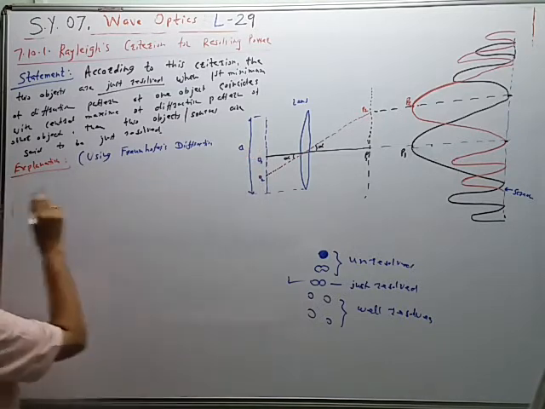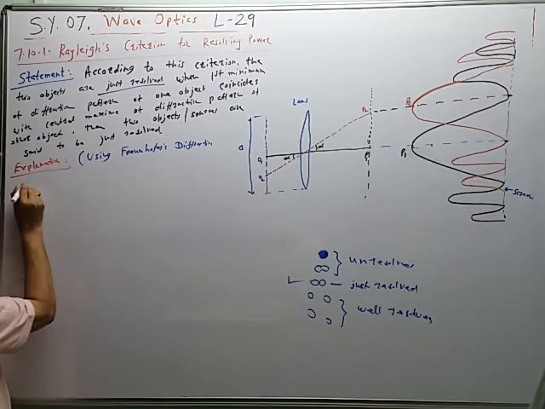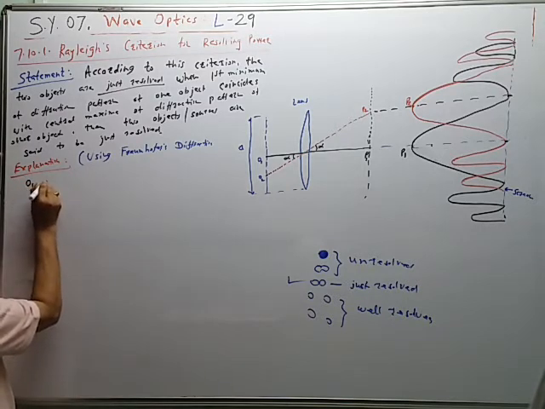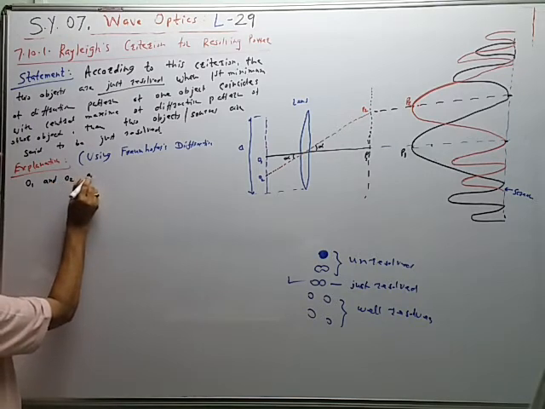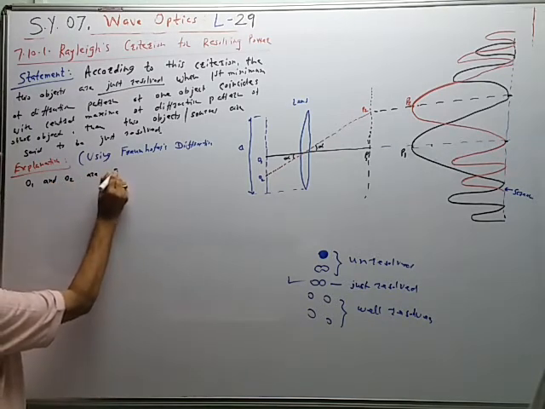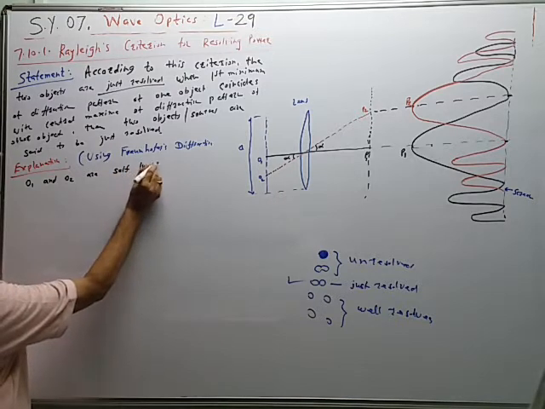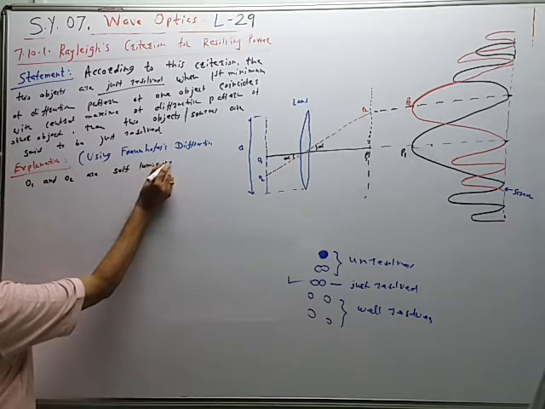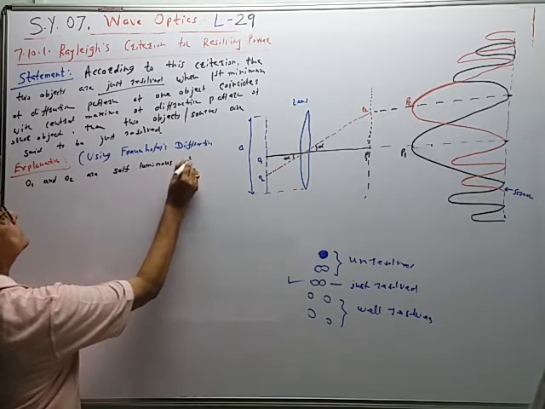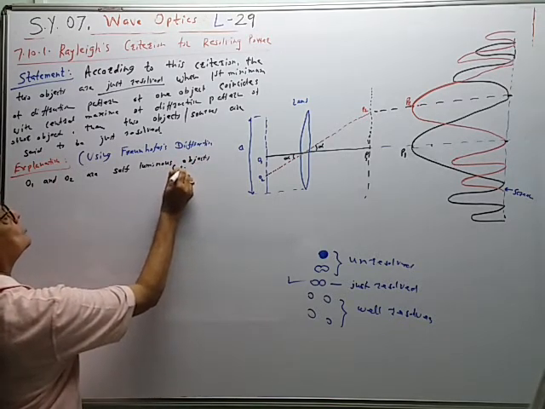So first I will give the explanation of this figure. O1 and O2 are self luminous objects, that is, sources.